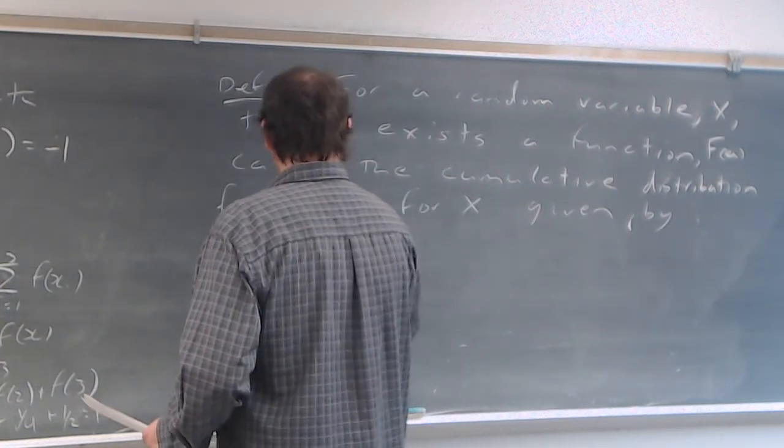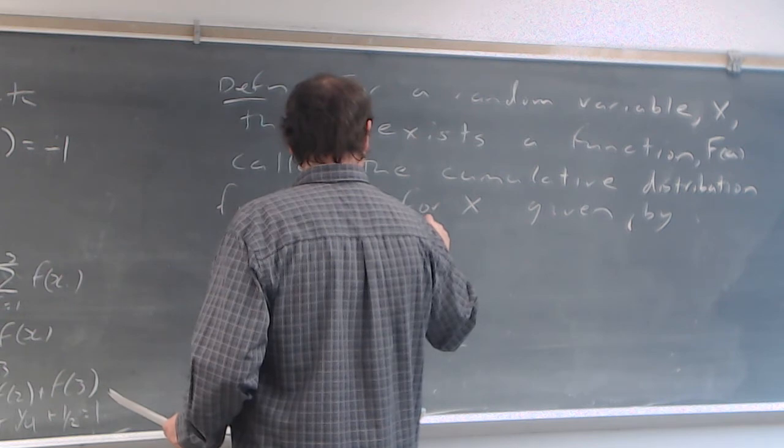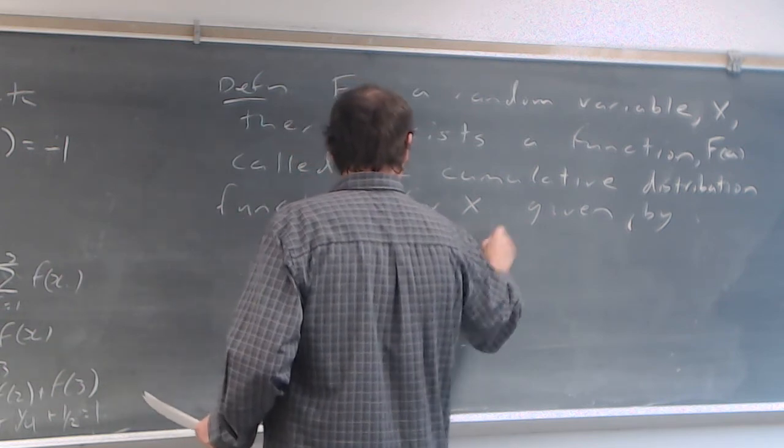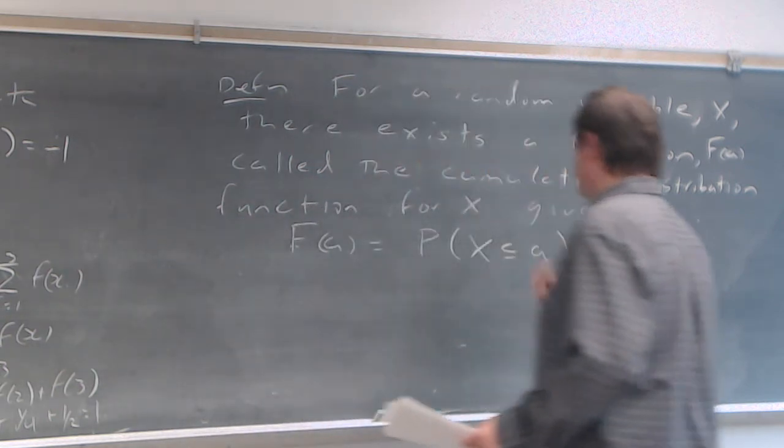F of A is equal to the probability that X is less than or equal to A.